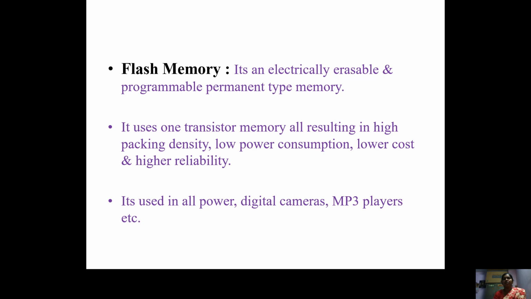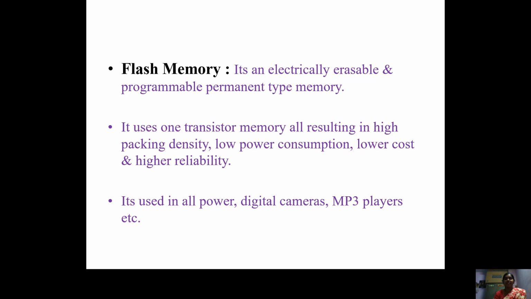So the disadvantage of EEPROM, where it is possible to erase and reprogram only a particular number of times, can be eliminated by using flash memory. Flash memory can be electrically erased and reprogrammed any number of times because it uses one transistor memory cell, resulting in high packing density, low power consumption, lower cost and high reliability.